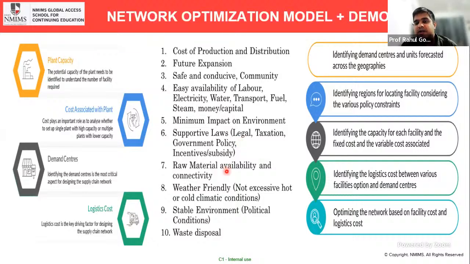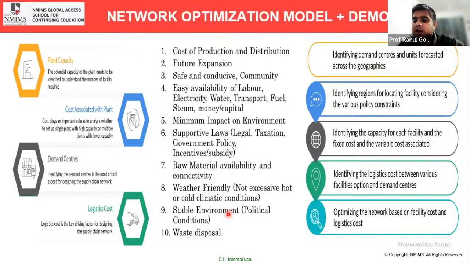What is the proximity to raw material and connectivity? Is the environment weather friendly? If your products are temperature sensitive, and you set them up in too hot or too cold locations, is it going to impact the quality? Whether the environment is stable or not in terms of political conditions.